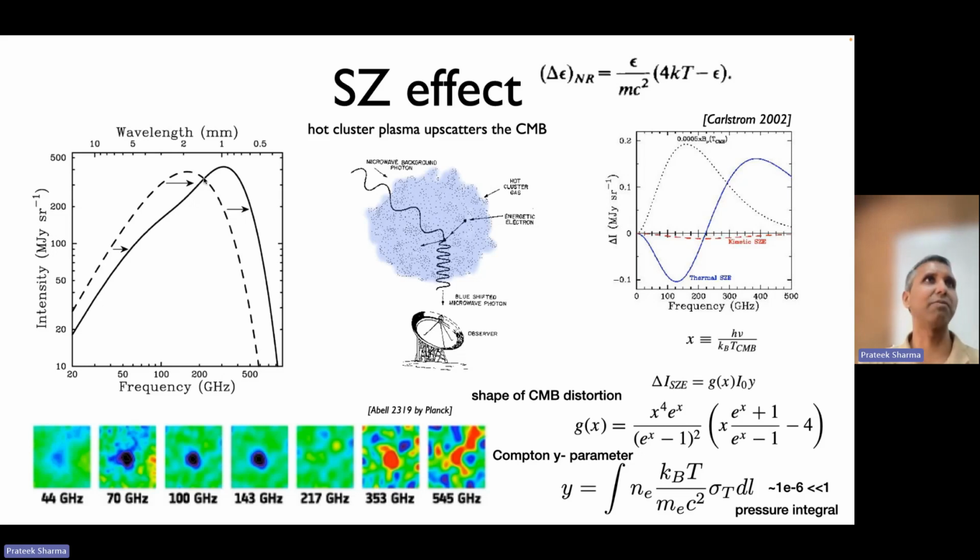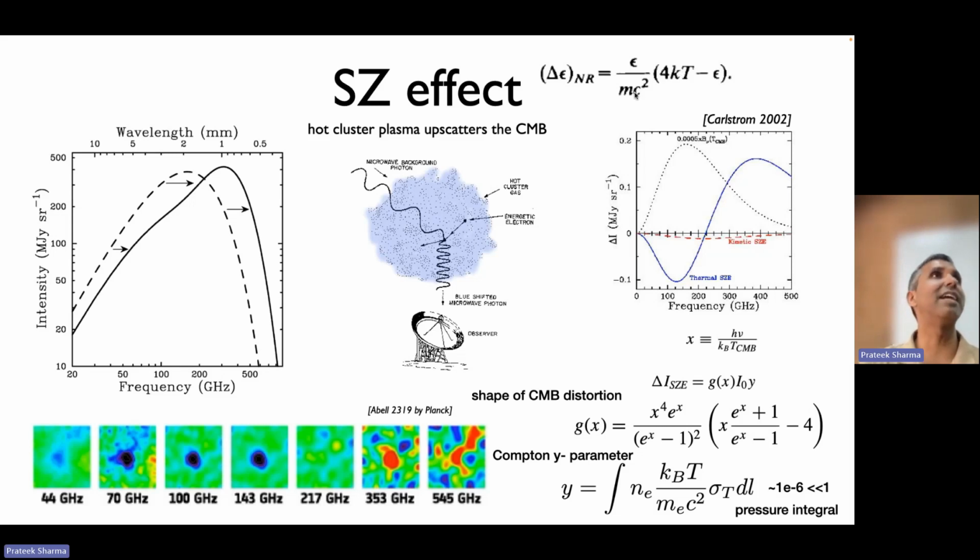Okay, this is universal. The amplitude of this distortion of the CMB depends on this Compton Y parameter. It's proportional to the Compton Y parameter, which is nothing but the integral of electron number density times kT by m c squared, which is nothing but this, right?